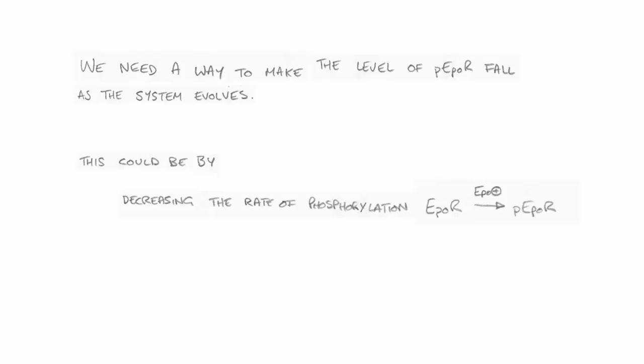So we could make the level of phosphorylated EPO receptors fall by decreasing that forward phosphorylation rate, or increasing the dephosphorylation rate, the backwards reaction.